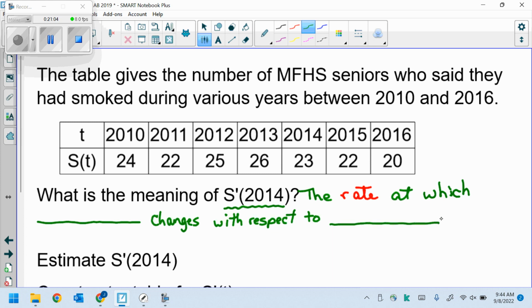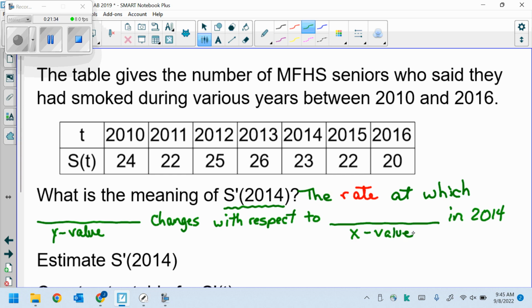And in this case, we're looking for this rate in 2014. Now, this first blank is always a description of the y value or the output value, with respect to whatever the x or the input or the independent variable is.